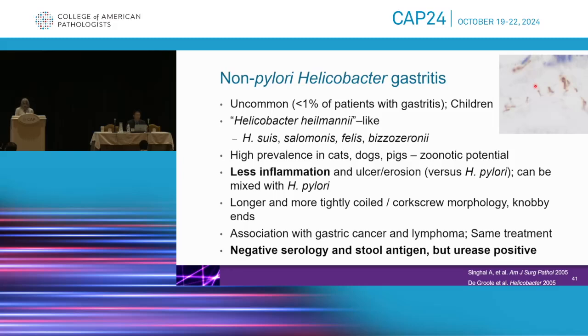And if you make the diagnosis of H. pylori in this case, they do actually have the same treatment. Similarly, they are associated with gastric cancer and lymphoma. But it might be a possible explanation of why a patient has a negative serology and stool antigen test, but is urease positive.